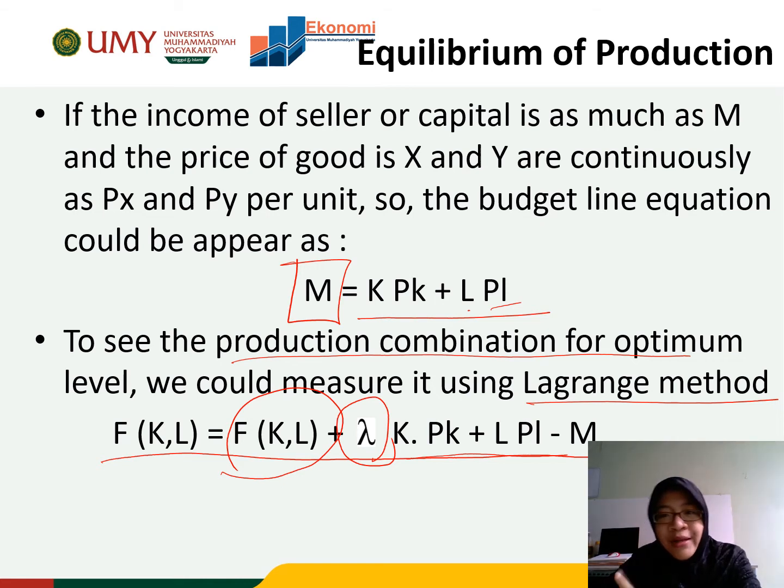So if you are working as a manager or entrepreneur, you have to know about Lagrange very well, because this is the analysis tool when you have to recognize which combination of production will make the highest or optimum level.